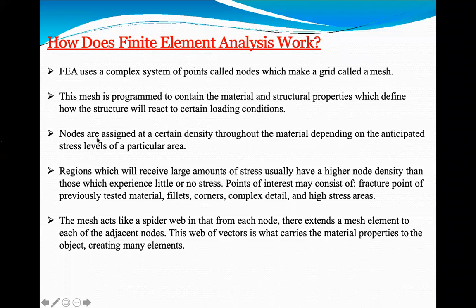The mesh density depends on the stress levels in a particular area, or whether it is a critical area. In a critical area we will have high density. If the region is not critical, we will have a lower mesh density. We will see those details in the next chapters, but this is just to give you the understanding.